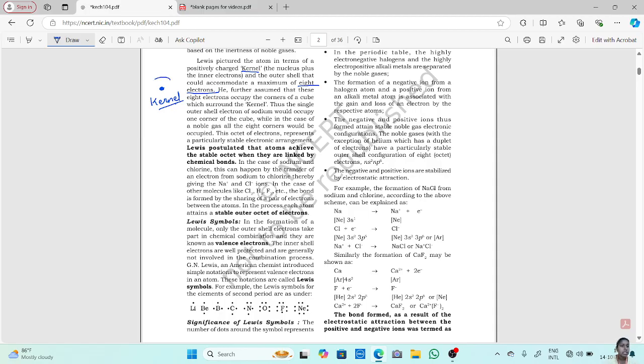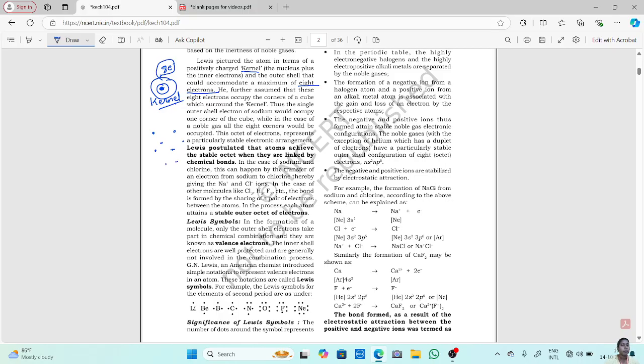Okay, he considered an outer shell. There is an inner shell and an outer shell. He said that the outer shell can accommodate a maximum of 8 electrons. Now he further assumed that these 8 electrons occupy the corners of a cube which surrounds the kernel.